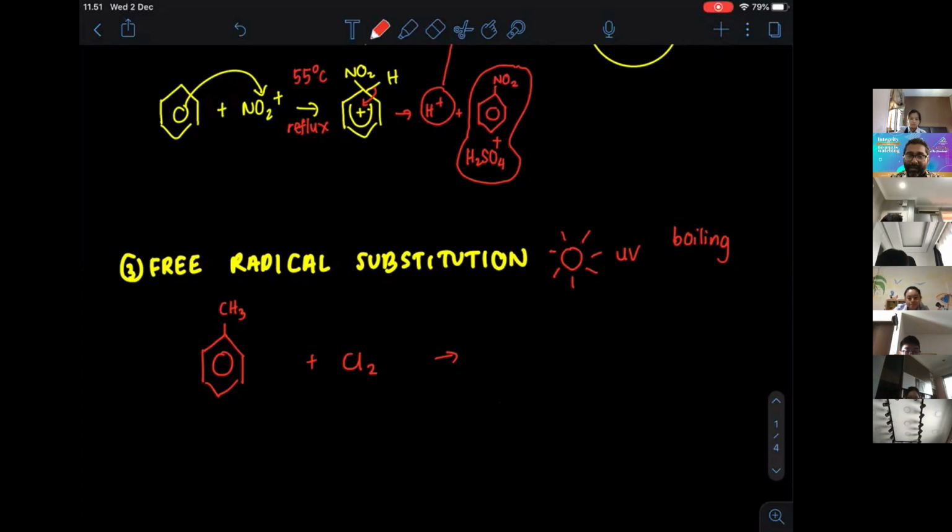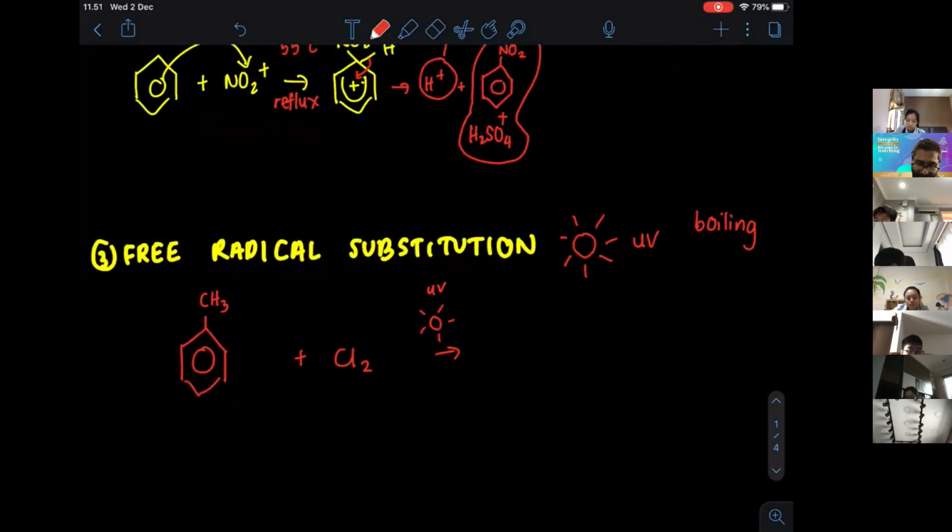The alkyl groups are the ones that are going to be involved in free radical substitution. So if I want to write this down, this is going to be under sunlight, which is UV light. And let's say we are boiling methyl benzene and you react it with Cl2.